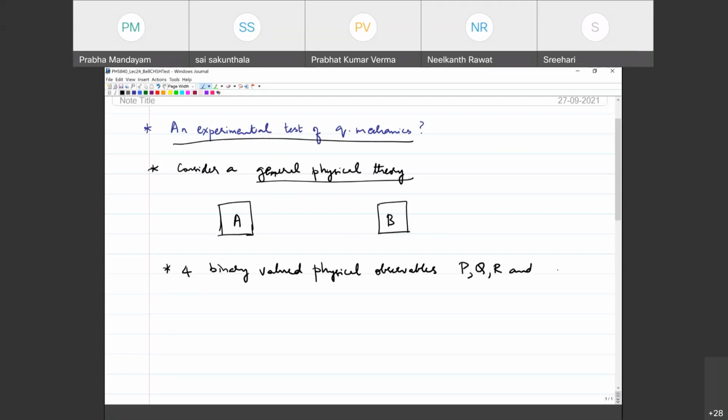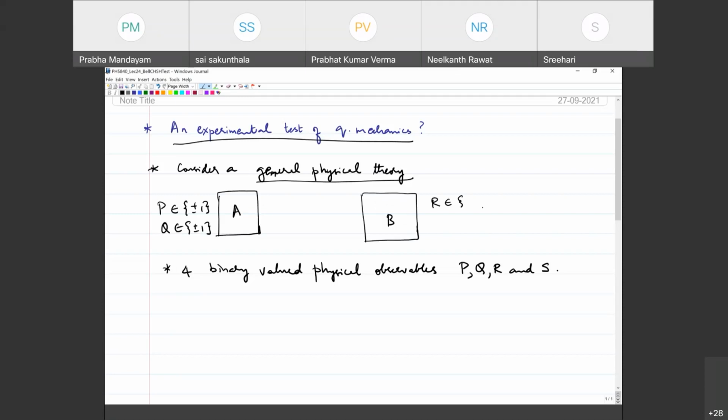And let's say that two of these observables will be measured in A's lab, and two of these observables will be measured in B's lab, right? So there is P, which takes values plus minus 1. There is Q, which takes values plus minus 1. And then there is R and S, both of which take values plus minus 1. There are four physical quantities which take exactly one of two values.